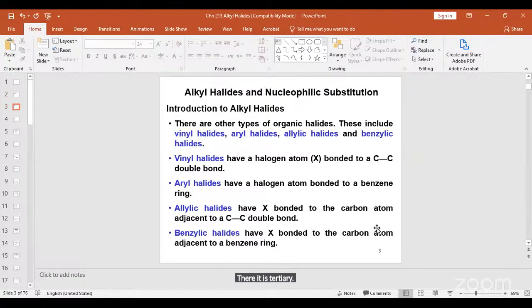We also have other types of organic halides. We have the vinyl halides, we have the aryl halides, we have the allylic halides, and we have the benzylic halides.